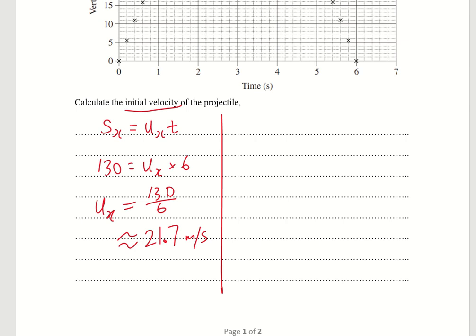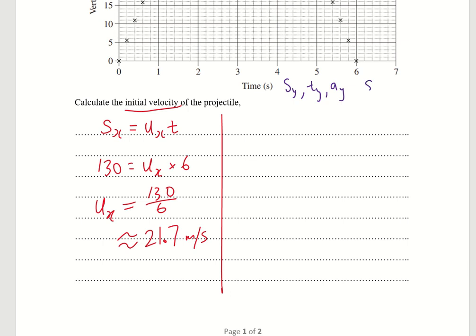Okay, the next one I'm going to do is uy. Now I know what the displacement is, and I also know the time. So what's known to me? sy is known to me, ty is known to me, and acceleration due to gravity is also known to me. There are actually two formulas you can use.